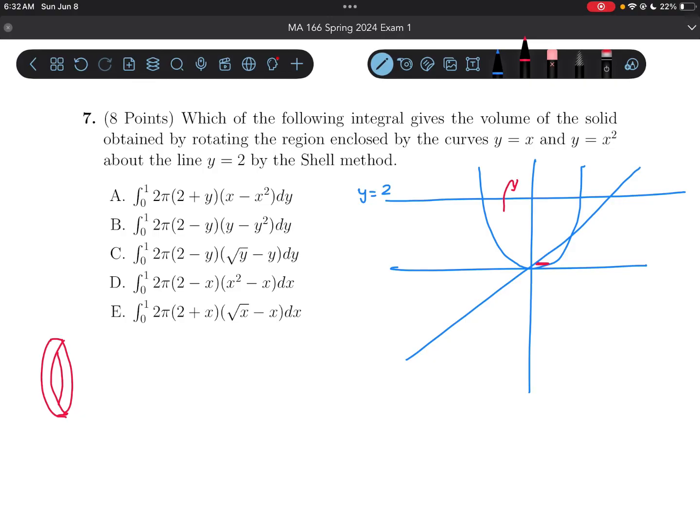I do that for every single strip in this region, and I add up all the lateral surface areas of all of those cylinders, and that's how I find the volume. So what is the lateral surface area though?